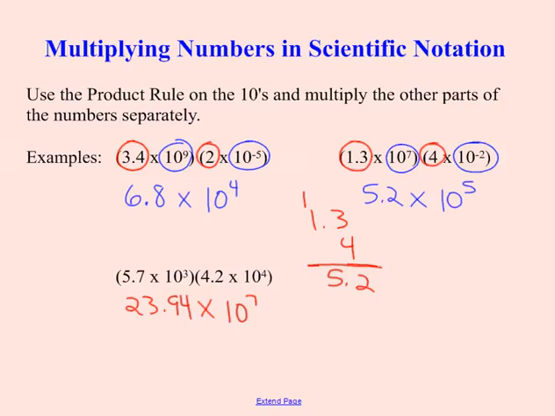And of course, if we move this decimal point back 1 to the left, we're going to end up with 2.394 times 10 to the, now, if we move that back to the left, remember moving it to the left made it positive, so what was 7 is now going to be 8. So 2.394 times 10 to the 8th is your answer.